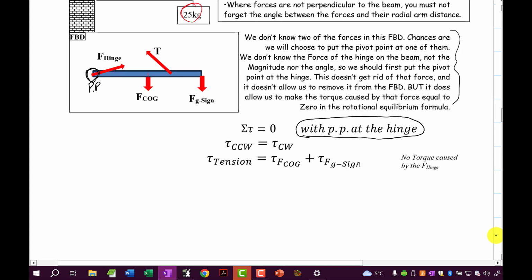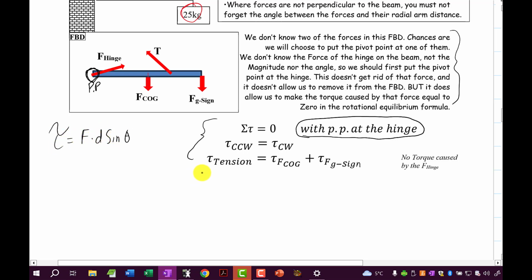Okay, now we start filling it in. Although, when you're doing your own, you have to write all this down. It's an art form, how to do this science. The torque caused by the tension is force times distance times sine of theta, right? The torque formula is F D sine theta.